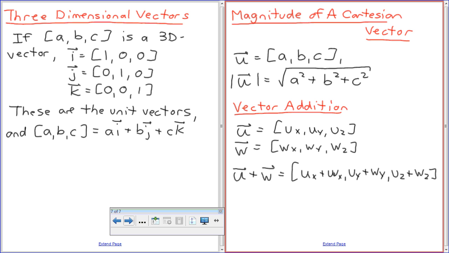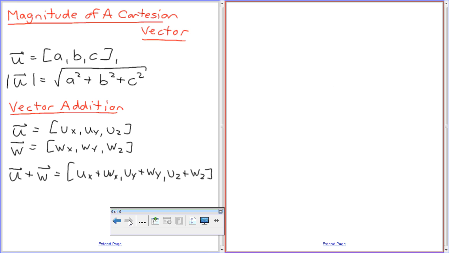And finally, a vector between 2 points, which is what we used in last night's homework, and we'll have to use again today.